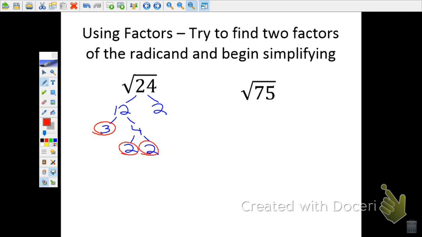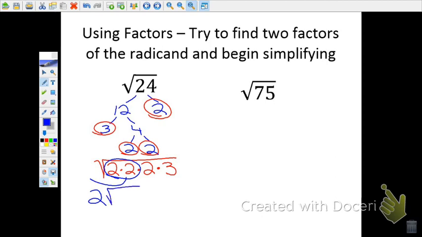Nothing. Okay. So what I have now is the square root of, I've got 3 factors of 2 and 1 factor of 3. To simplify, we need to have a pair, and when the pair comes out, it comes out as 1. So I have 1 pair of 2's.